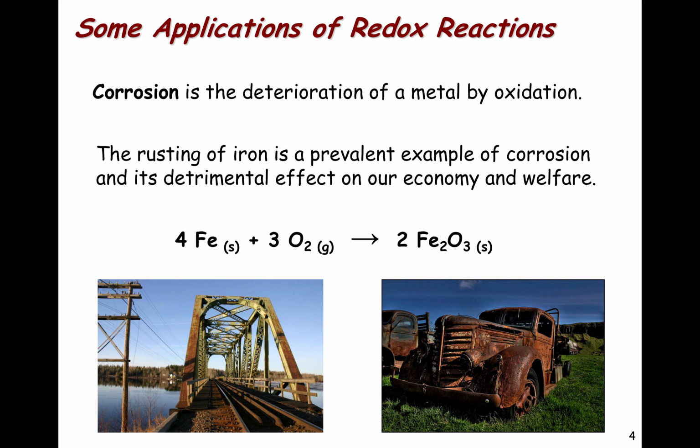The iron metal, which is the reactant, has a 0 oxidation number, but the iron on the product side is got an oxidation number of 3 plus. So it's losing electrons in this case, so it's being oxidized, whereas the elemental oxygen is going from a 0 oxidation number to 2 minus, so it's being reduced.